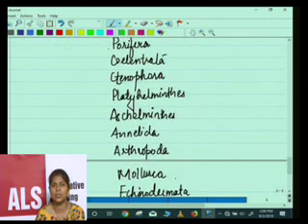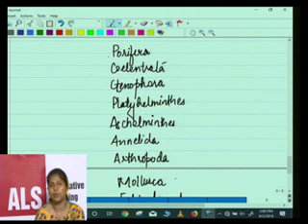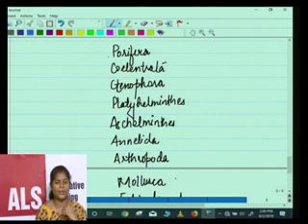So you cannot break this sequence. When you consider Porifera, it is low in evolution compared to Coelenterata. When you consider Aschelminthes, it is higher in evolution compared to the phyla placed before it, that is Porifera, Coelenterata, Ctenophora, Platyhelminthes.